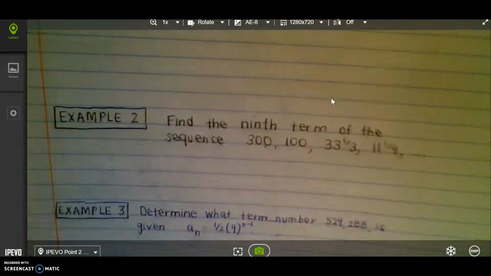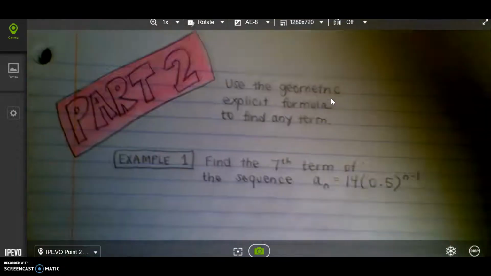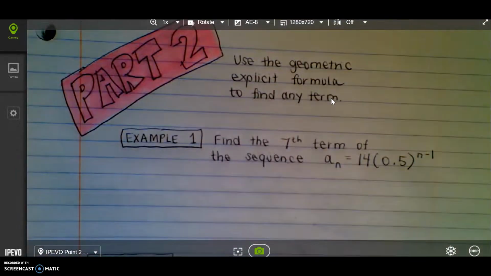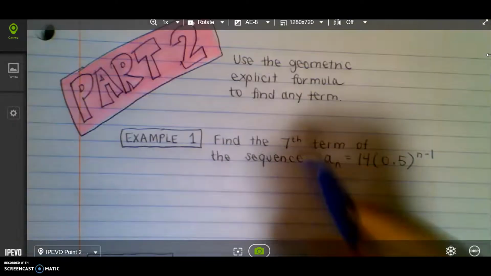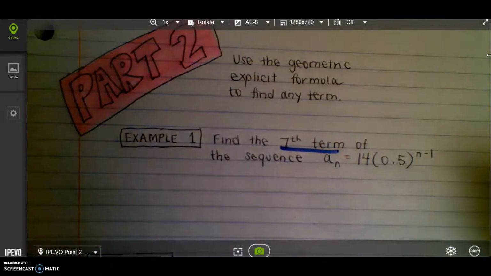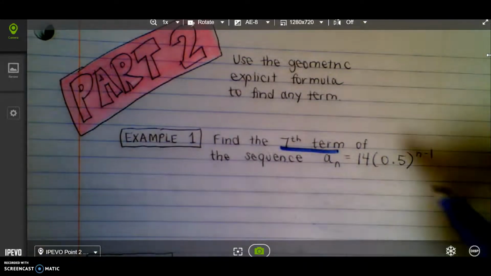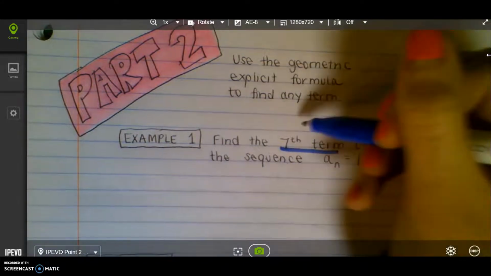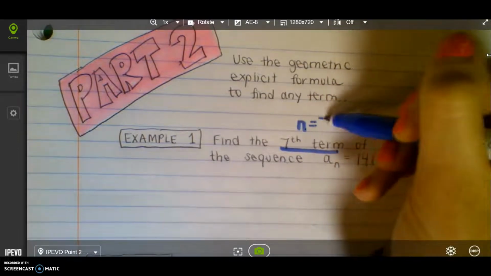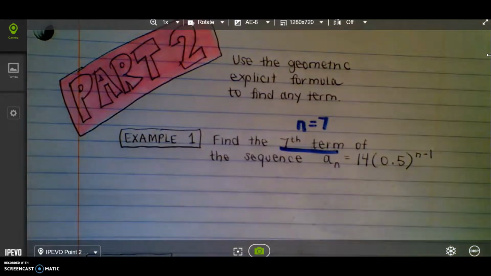Part 2. Now that we've written geometric explicit formulas, let's use the geometric explicit formula to find any term. Example 1. Find the 7th term of the sequence a sub n equals 14 times 0.5 to the n minus 1. This just means plug in 7 for n in the equation.